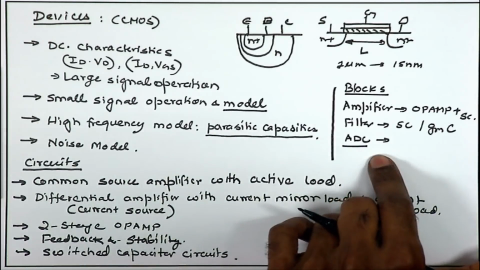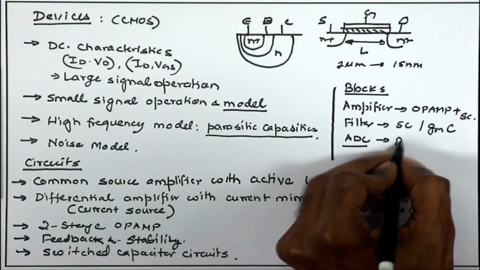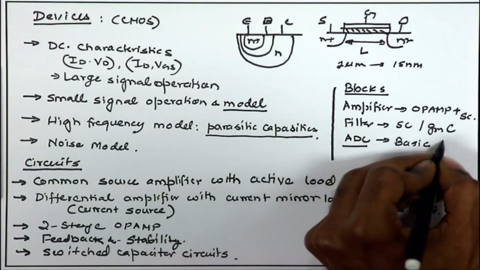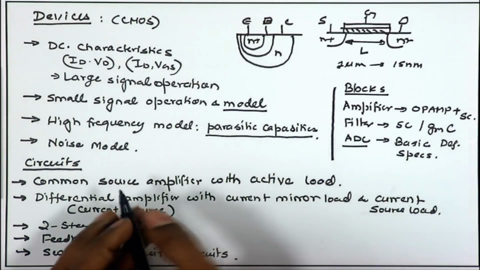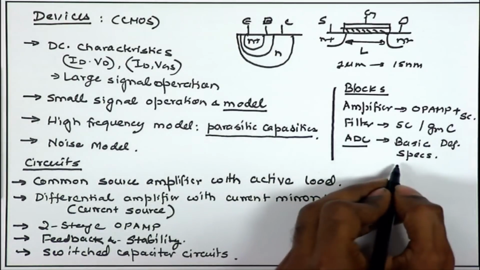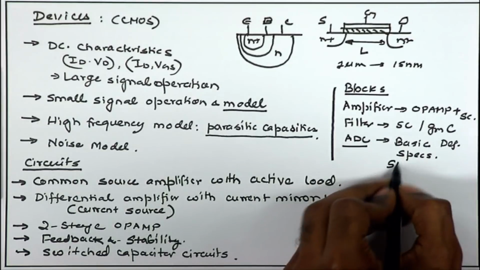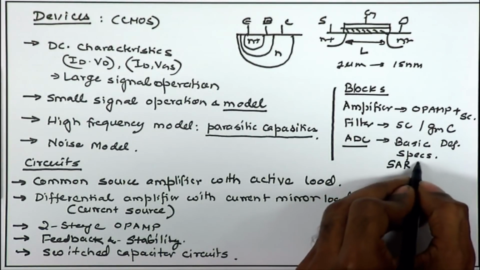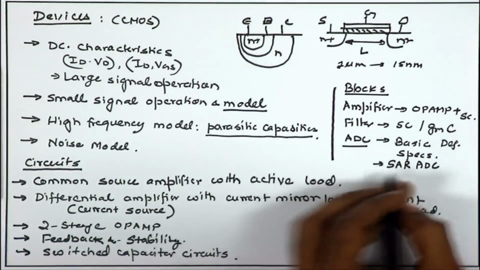So, we will talk about the basic definitions and specifications of the ADC to begin with, and then we will choose a particular topology suitable for a biomedical signal processing device, which may be a SAR ADC, successive approximation ADC, which inherently also has the DAC involved.